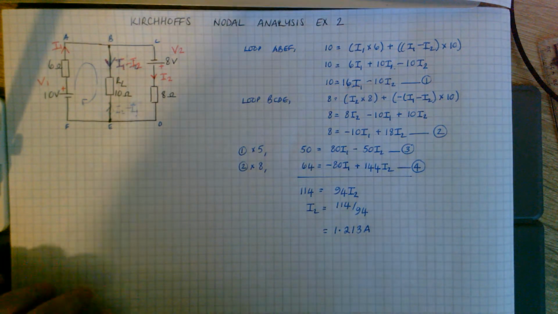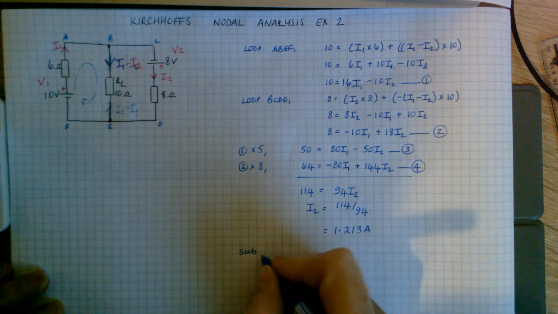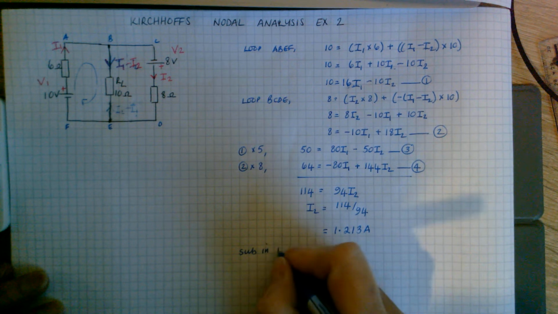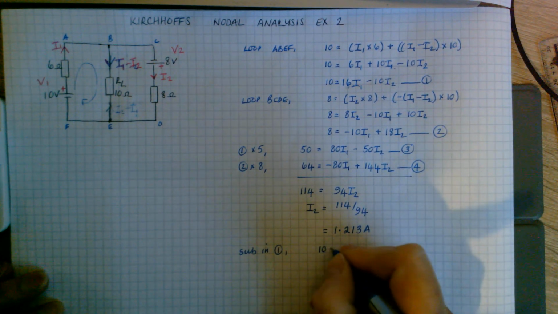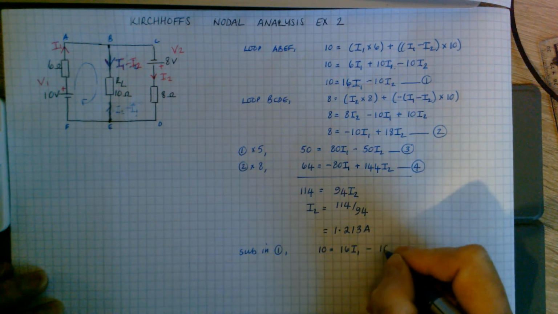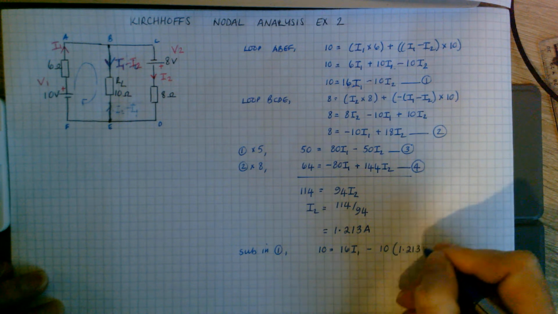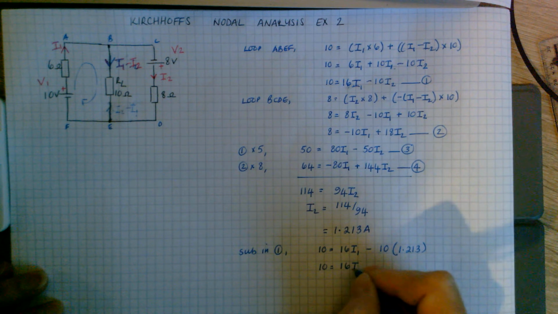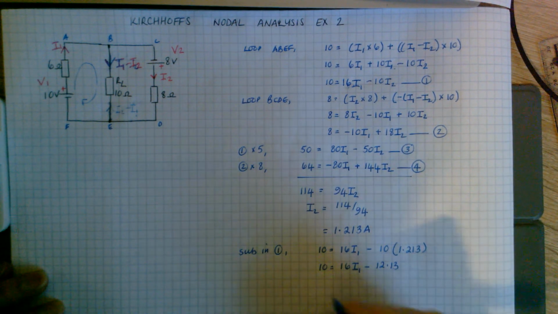I'm going to now substitute for that in either equation 1 or 2. It doesn't make any difference. You could make it 3 or 4 as well. I'll substitute it in 1. So 10 equals 16 I1 minus 10 times this value of I2, 1.213. So it's 16 I1 minus 12.13.